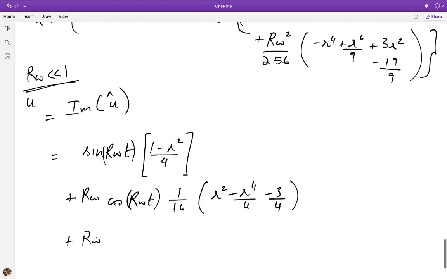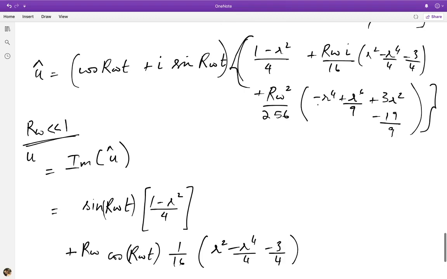And then I have the second order term, which is this guy here. It's real, so it should multiply sine so that the combination is imaginary and contributes to the solution u.